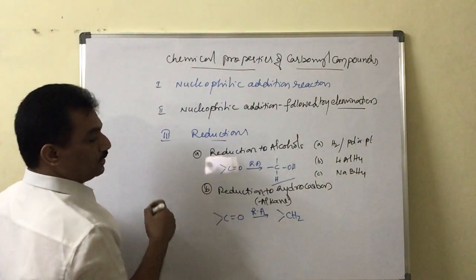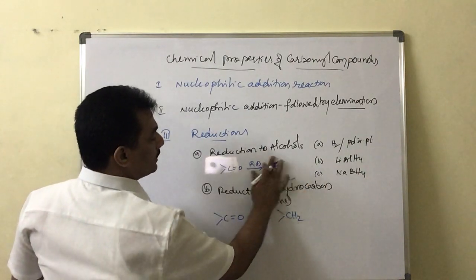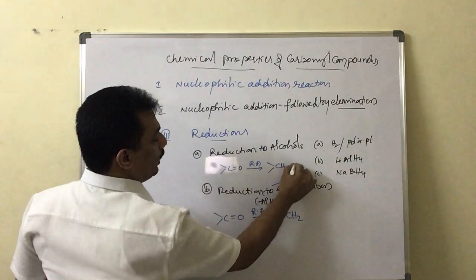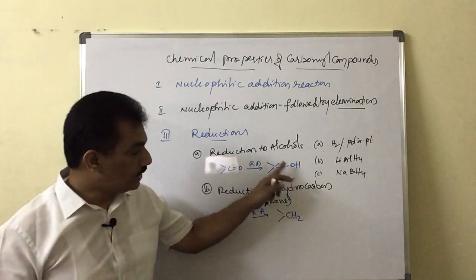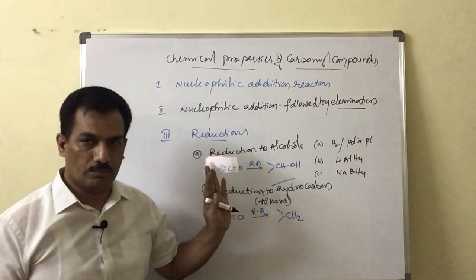That is, instead of oxygen, hydrogens will come. That CO group is reduced to a methylene group.